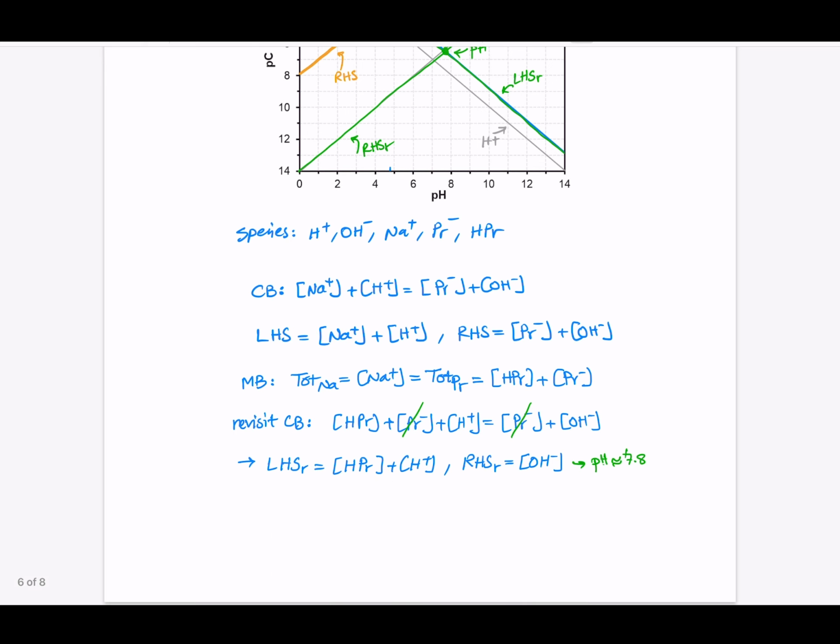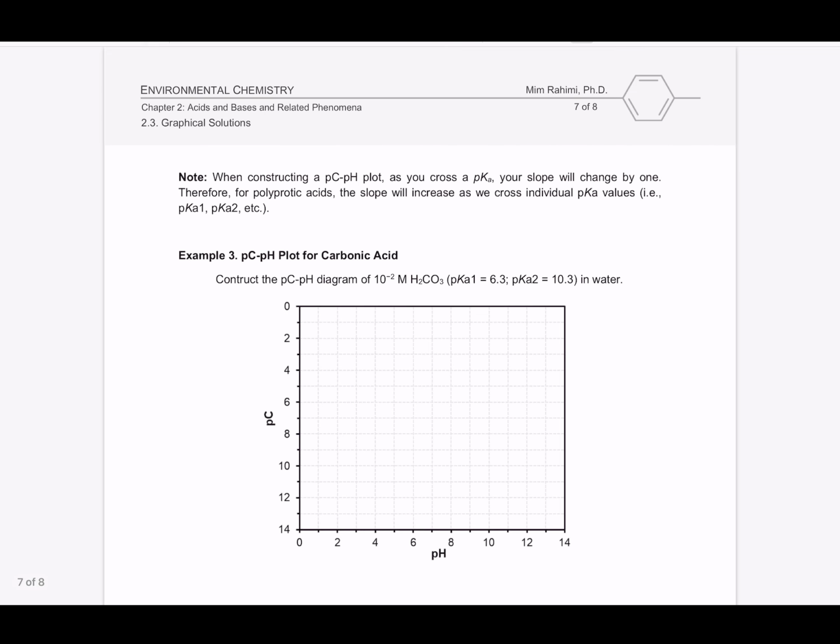Okay, just a quick note on constructing the graph, not just finding the pH. This is about constructing the graph. So we talked about monoprotic acid. We didn't talk about, for example, a diprotic or in general polyprotic acid.